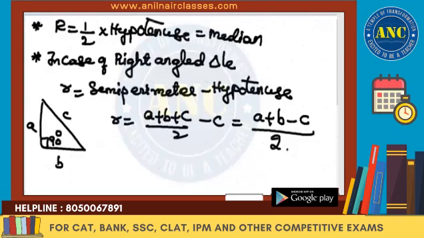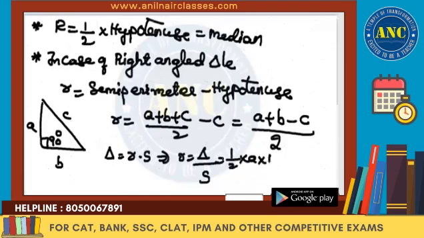Do not get confused. In some textbooks it is written like this: delta is r into s, so r is delta by s. Delta is half into A into B, and s is A plus B plus C by 2.